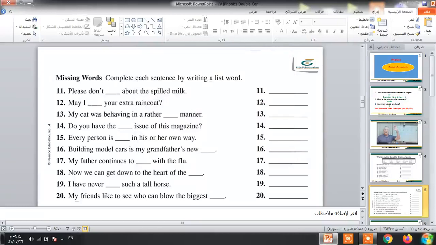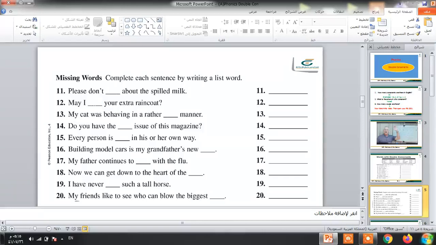Number 11. Please don't worry about the spilled milk. Don't get angry. Don't be sad. Don't get disappointed. Number 12. May I borrow your extra raincoat?